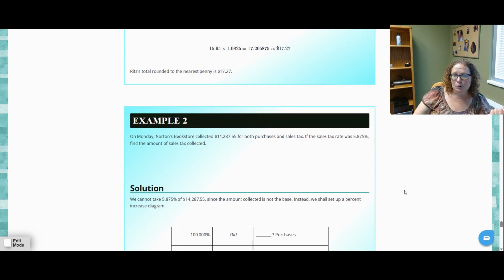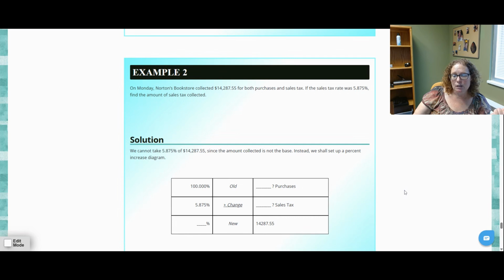So in this example, we're looking at a bookstore that collected $14,287.55. That included purchases and sales tax. So we want to find out what the dollar amount was of the sales tax. Now this is really important because companies have to keep track of that. The company's profit is not $14,287.55.